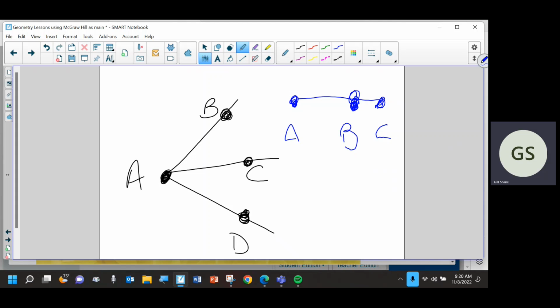So it would say AB plus BC equals AC. That is the number one thing you should have gotten out of yesterday. That's the segment addition, or line segment addition. I think it was postulate. You'll probably be choosing most of the time, so you just pick the right thing. Segment addition. AB plus BC equals AC.